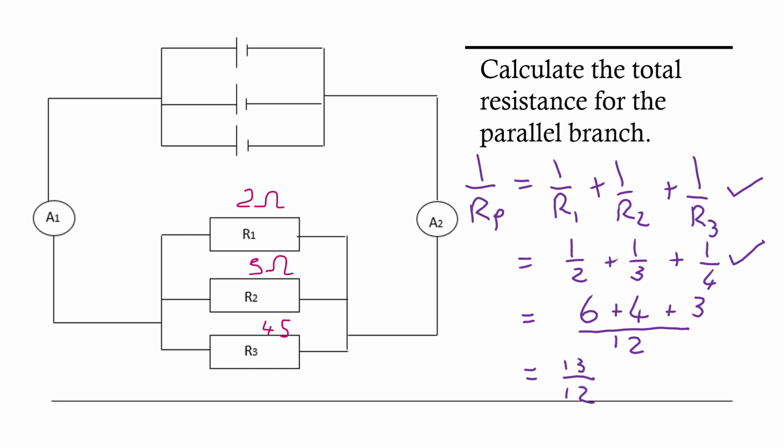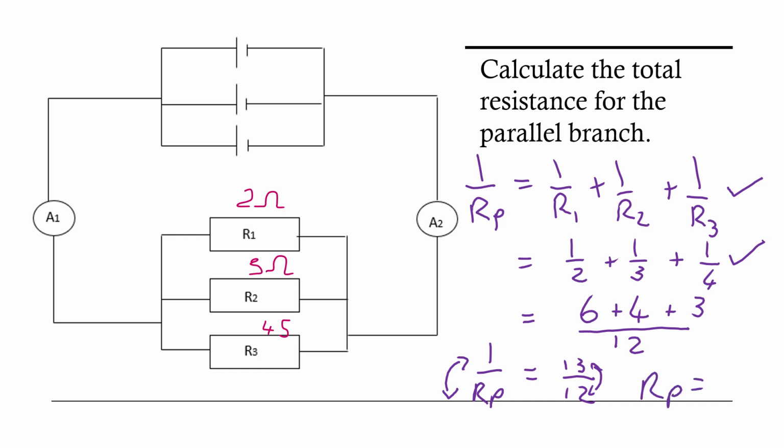So 13 over 12. But what you need to remember is that this was 1 over R parallel. I don't want 1 over R parallel. I want R parallel by itself. So what you do to this side, you must also do to this side to get it by itself.